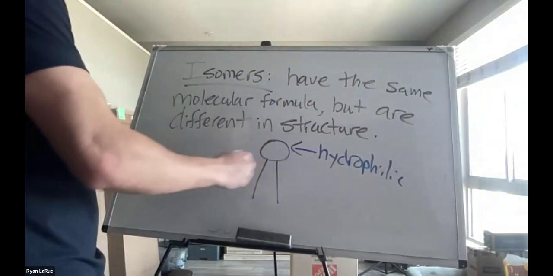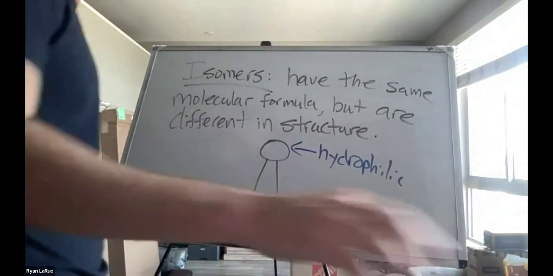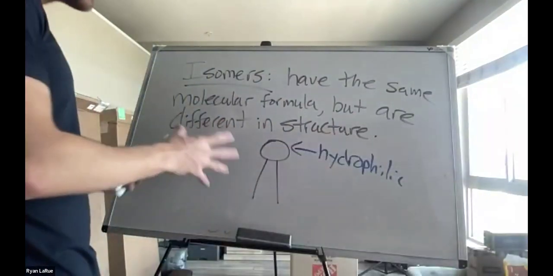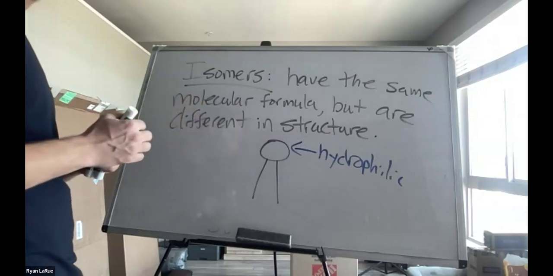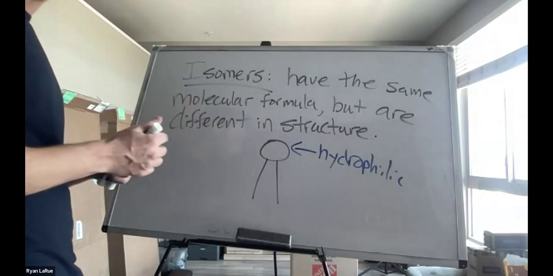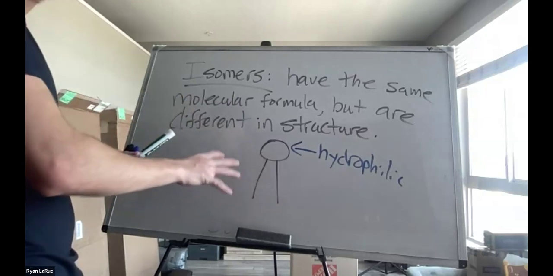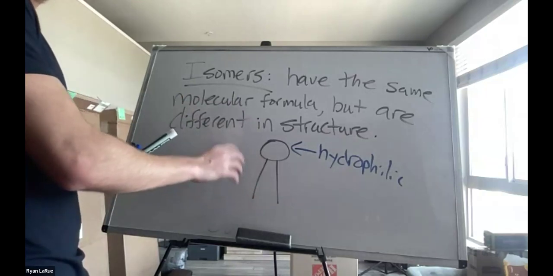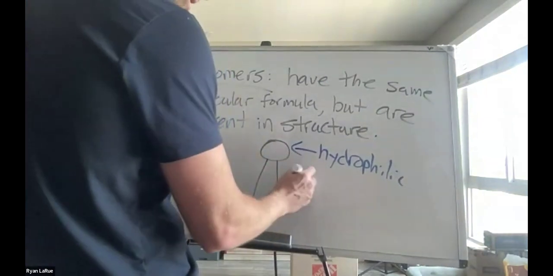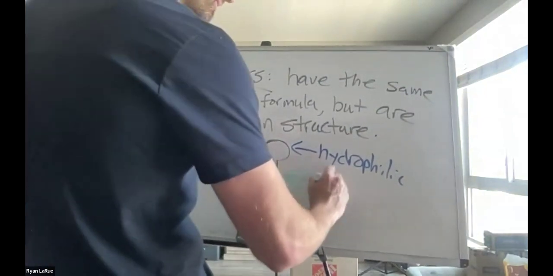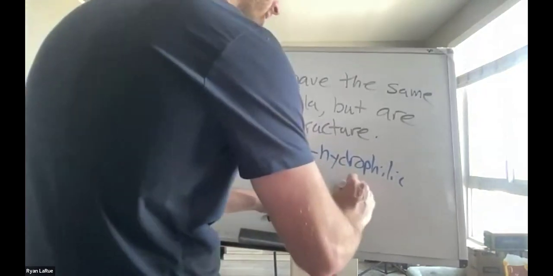But the tails, the fatty acid tails, had no charge, and so they actually repel water. Water would rather hydrogen bond to itself, has no attractive affinity for the hydrophobic fatty acid tails. Hydrophobic.